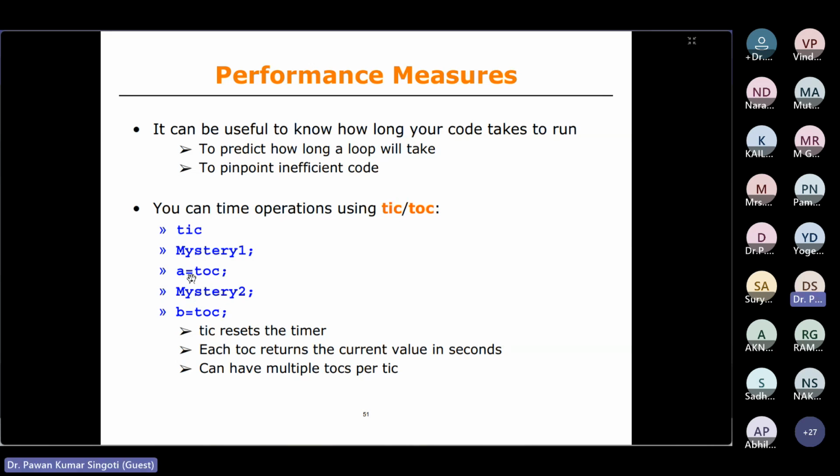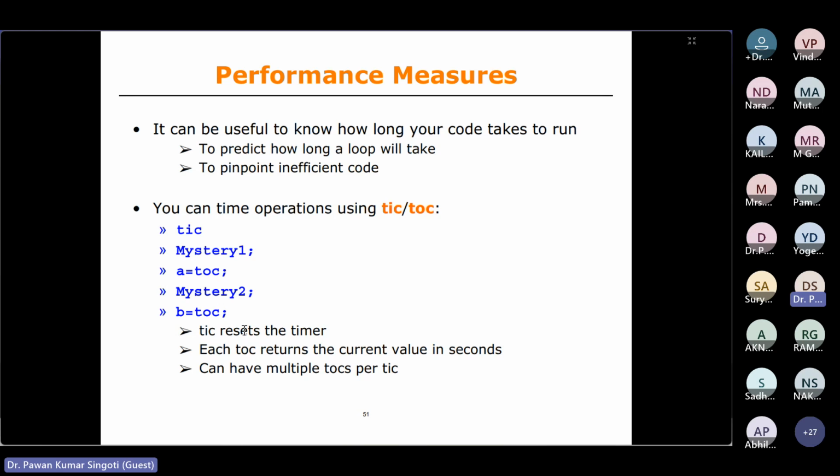For example, a equal to toc, b equal to toc: suppose there is a 5-line code, we put tic over here and a equal to toc over here, it will show the time between these two points. Multiple toc are possible, you can have multiple toc per tic, so toc1, toc2, and any number of toc can be used at one time. This is very helpful when we are making longer code.